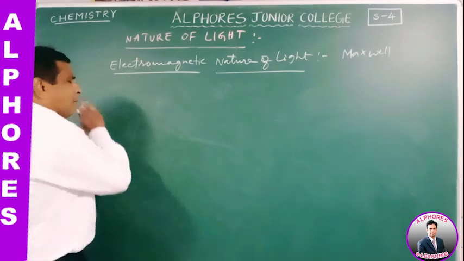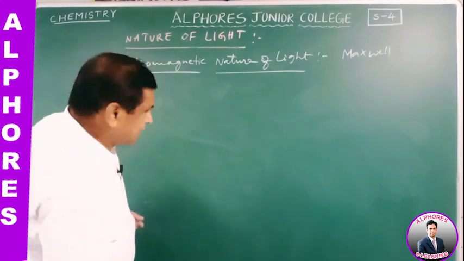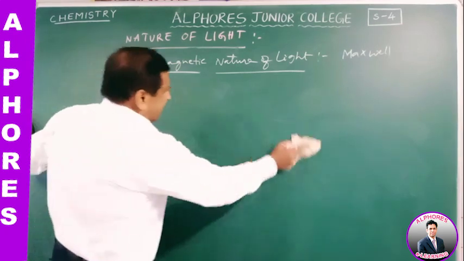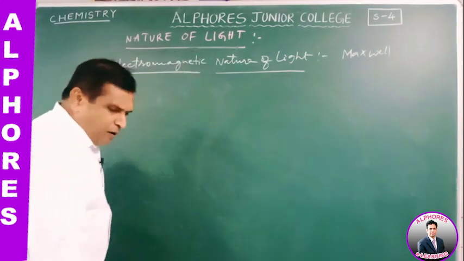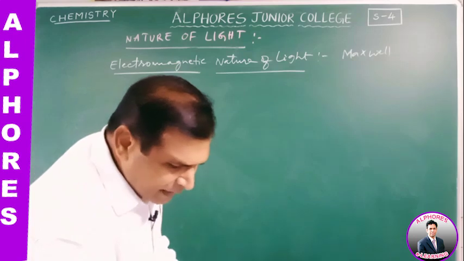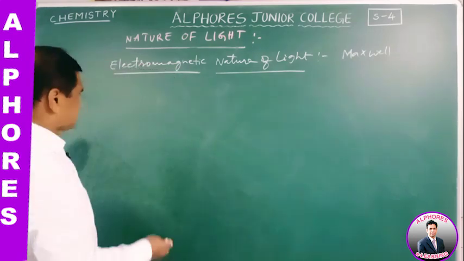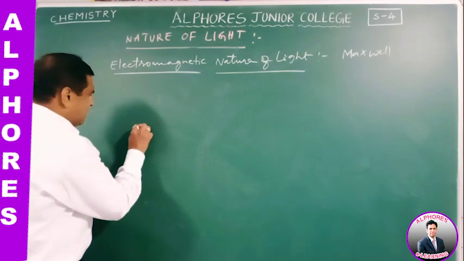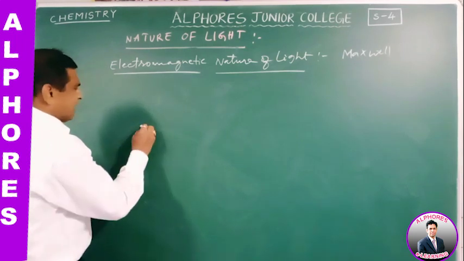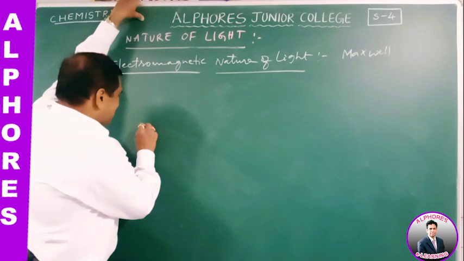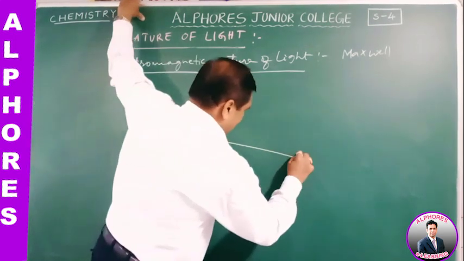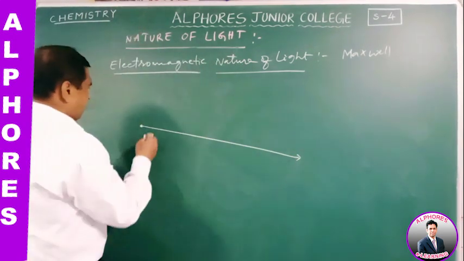So electromagnetic light is made up of two component waves. Say for example, the source of light, this is the direction of the electromagnetic wave.